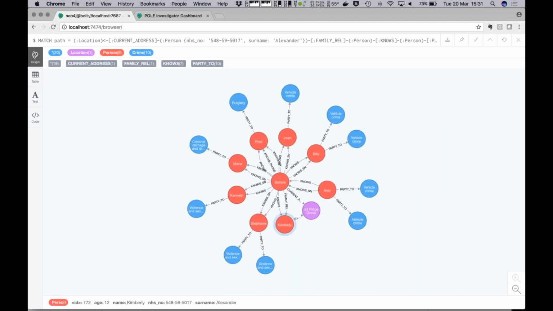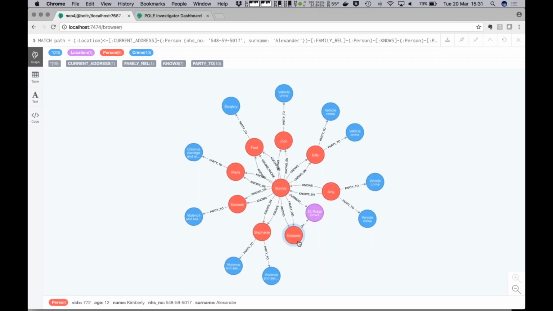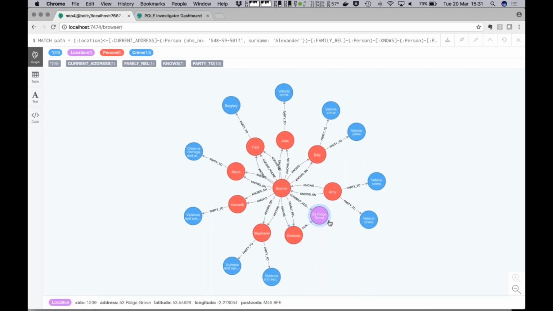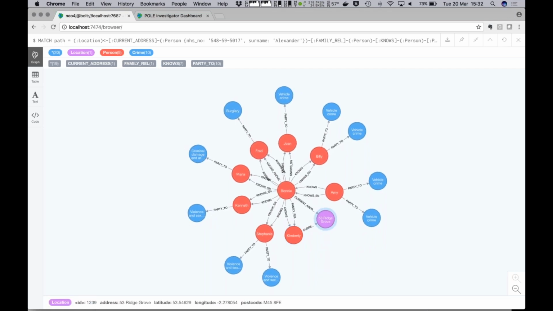So here's Kimberly. Looking at the bottom there for the graph, the age property that's set in the graph, Kimberly is only age 12. She lives at 53 Ridge Grove. This is her parent, Bonnie, and Bonnie has a number of friends that she knows through her social network or has made phone calls to, who are associated with crimes.